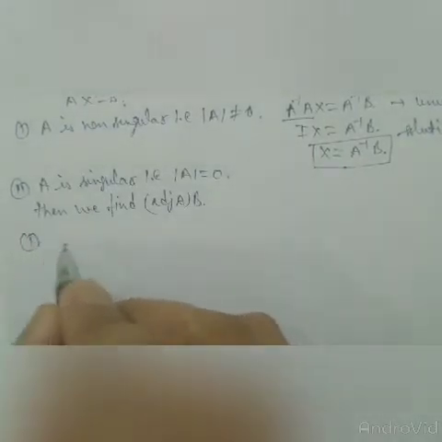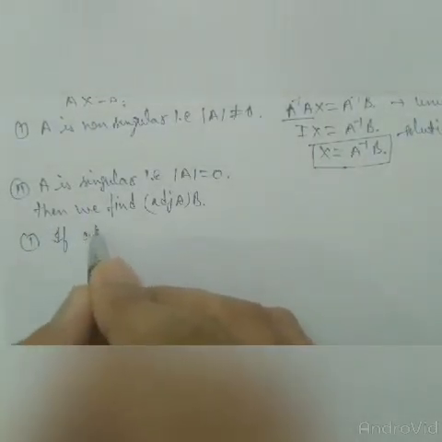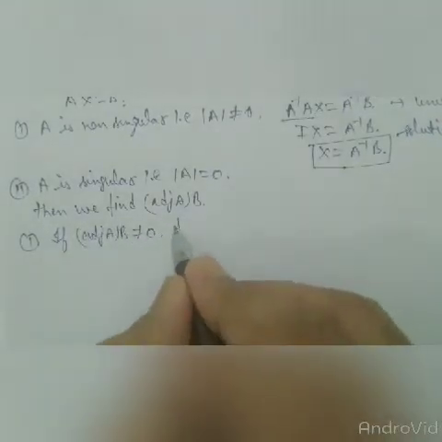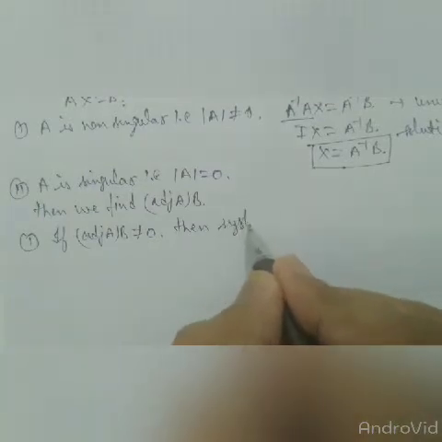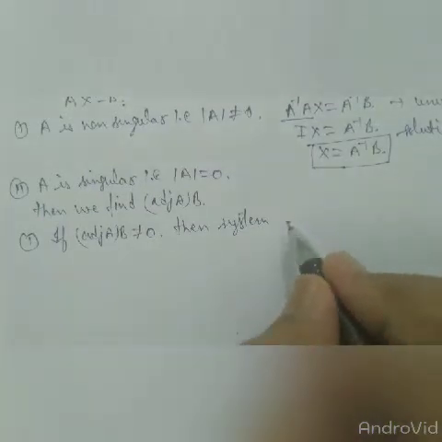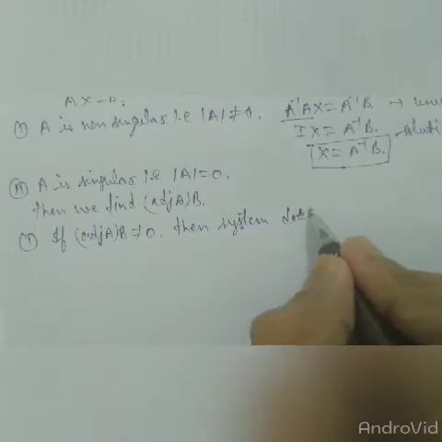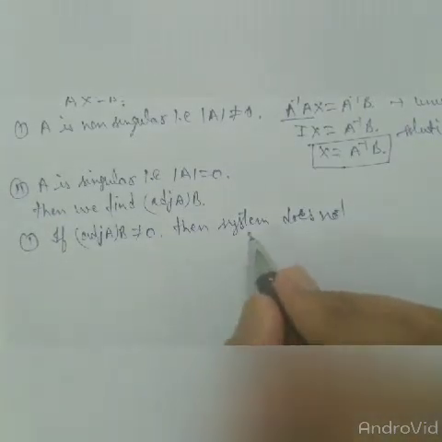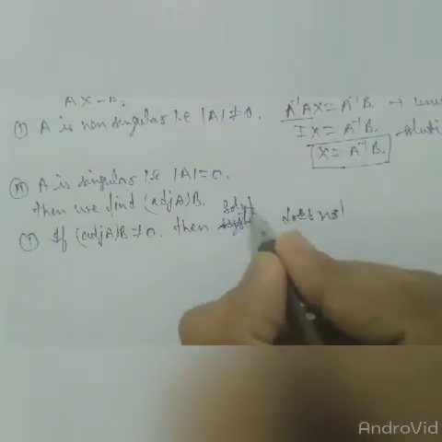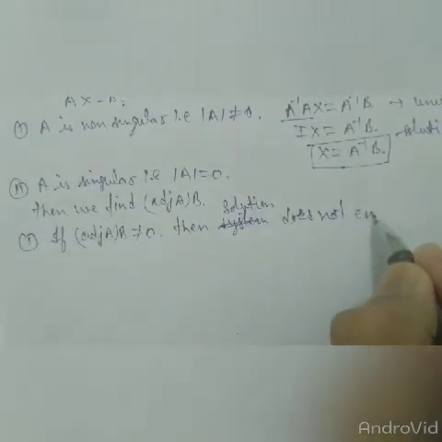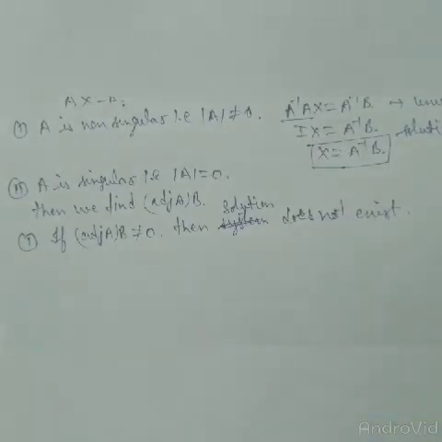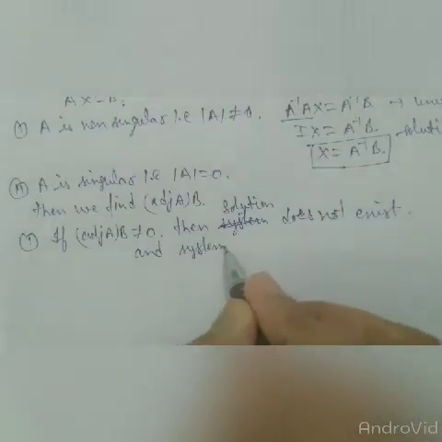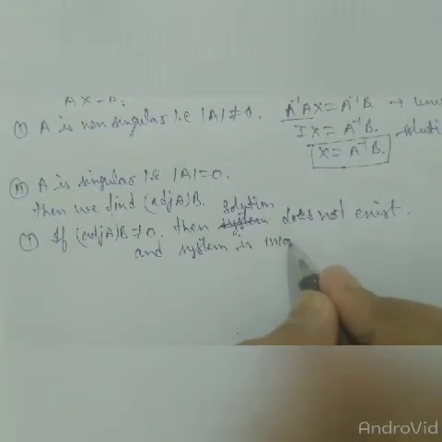First one is if adjoint of A into B is non-zero, then the solution of the system does not exist and the system is inconsistent.